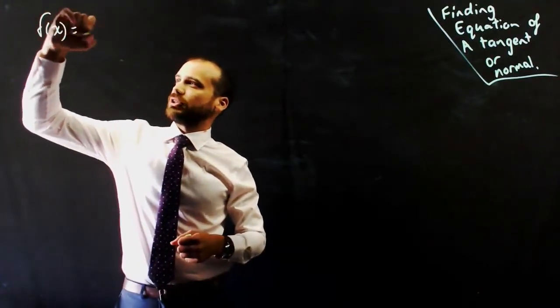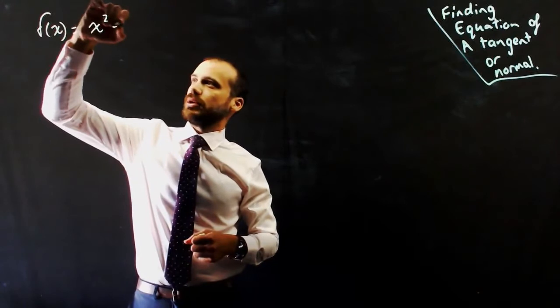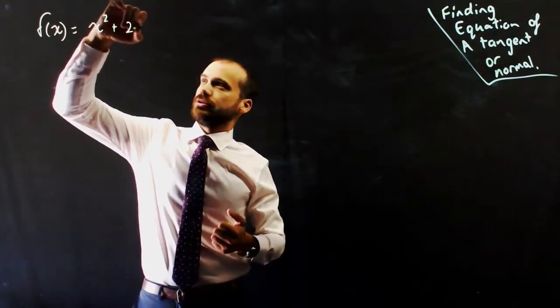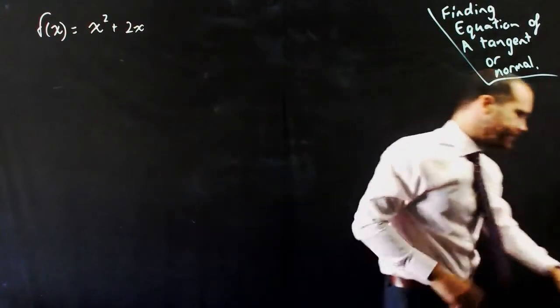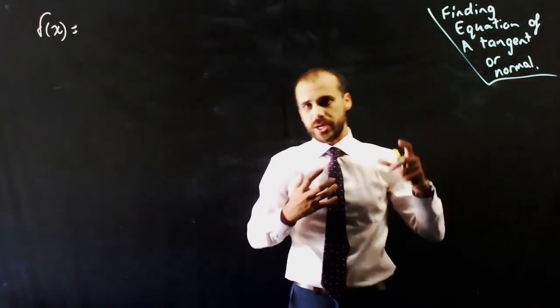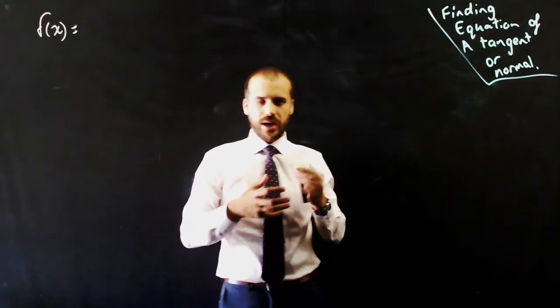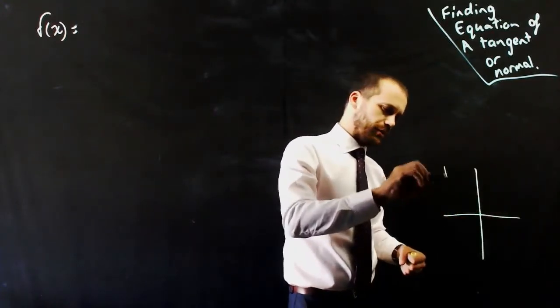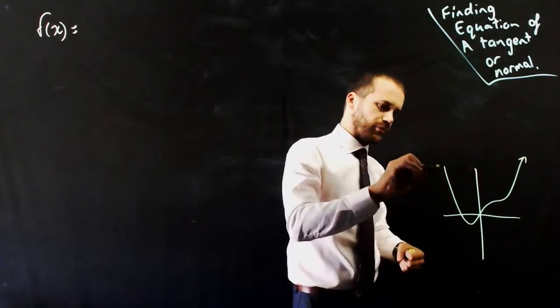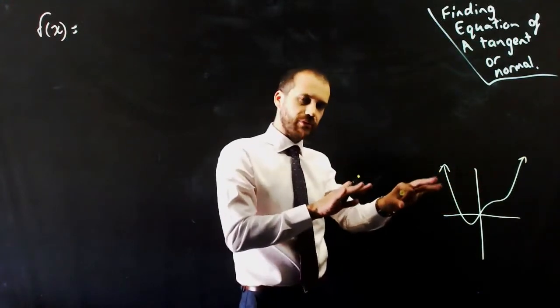So say I've got a function, f of x equals x squared plus, I don't know, 2x. Alright, so I'm going to find the equation of a tangent. So what that roughly looks like, I've got some funky looking graph.